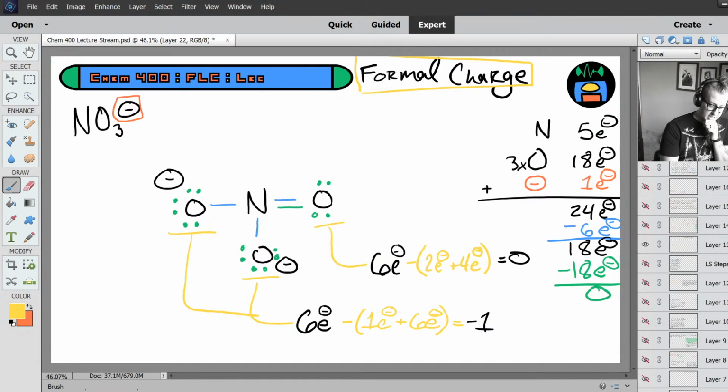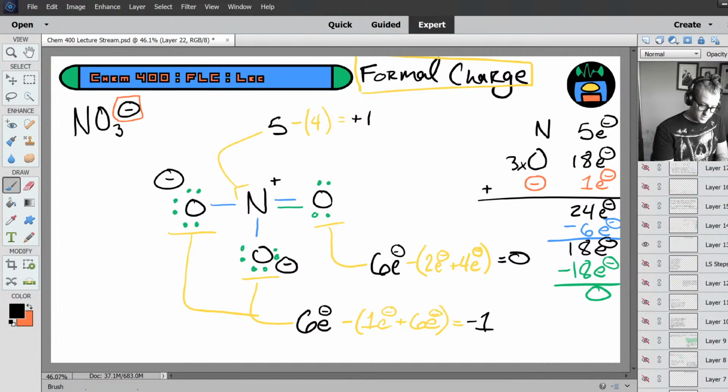And now let's look at our formal charge for nitrogen. Nitrogen, when it is neutral, has 5 valence electrons. In this structure, we have 0 electrons in lone pairs, but we do have 4 bonds. So we have 5 minus 4 equals +1. So we put a positive formal charge by our central nitrogen.